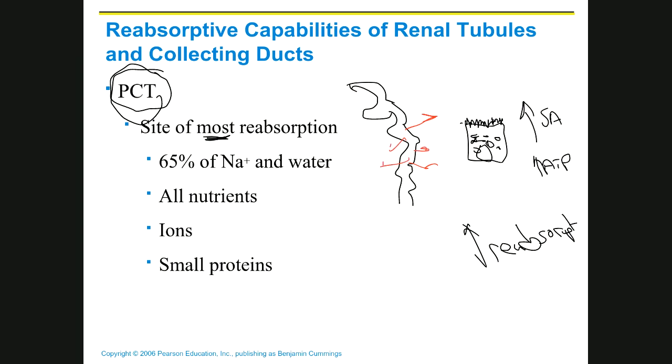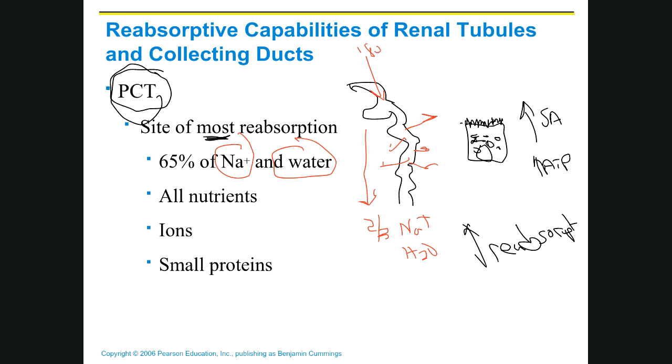And by the time you make it through here, about 2/3 of all of the sodium and all of the water is reabsorbed. About 2/3 of the sodium and the water. Well, remember how much we started with was 180 liters.